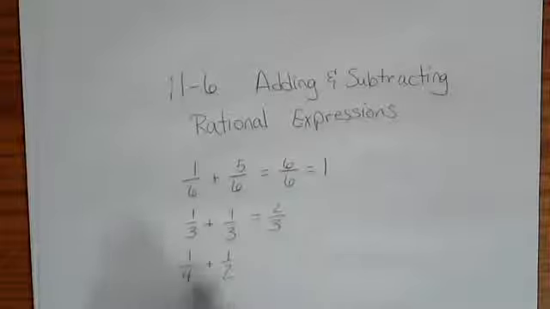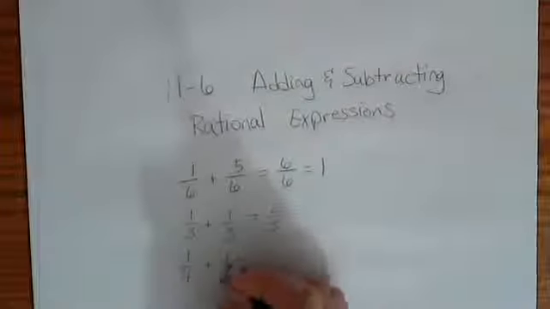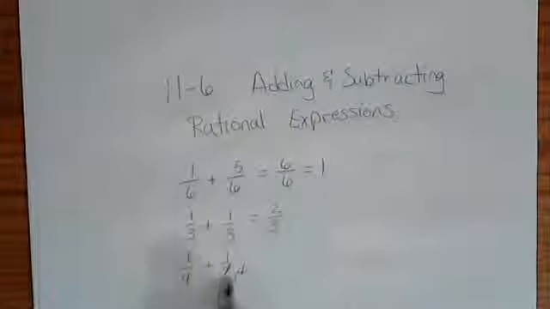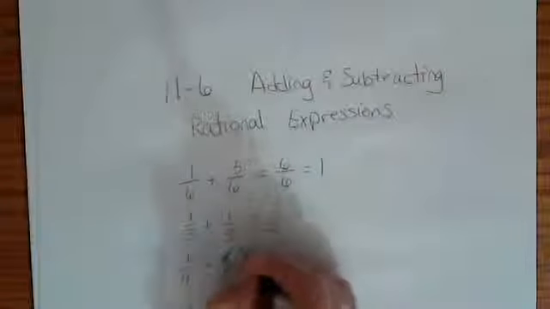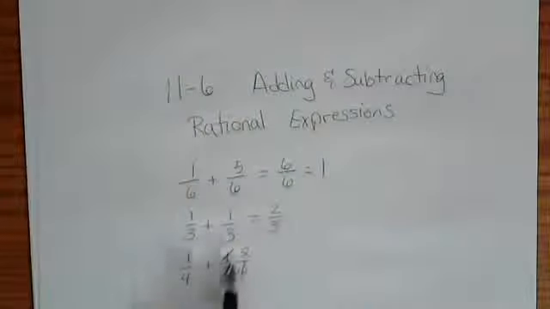I think it would be 4, because 4 is the smallest number that both 2 and 4 go into. So I'm going to change this one to something over 4. In order to get to a 4 from 2, I have to multiply by 2, so I also have to do that to the top. And 1/2 becomes 2/4.